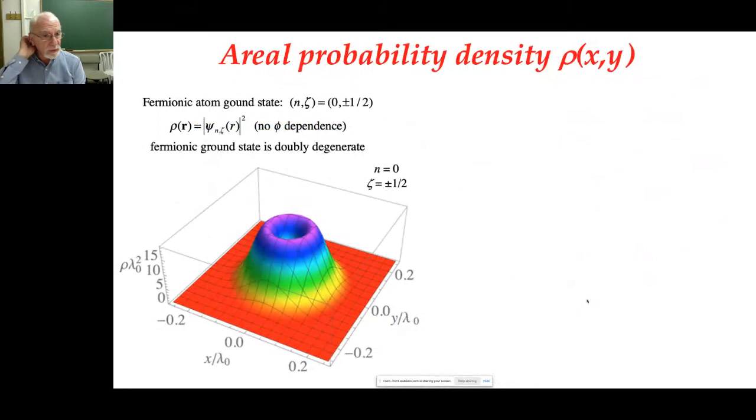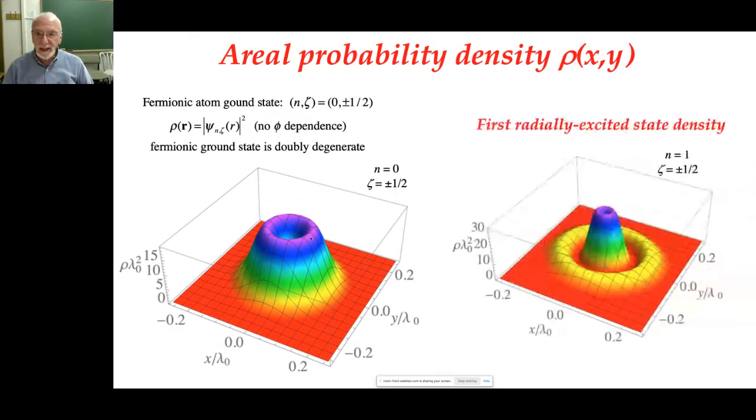So this is what the ground state wave function looks like here, which is degenerate. There are two states that are completely degenerate, the state with zeta equals +1/2 and the state with zeta equals -1/2. And the excited radial state will have an additional node in the radial part of the wave function.